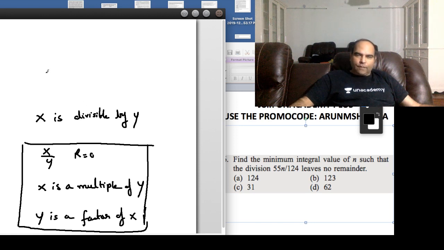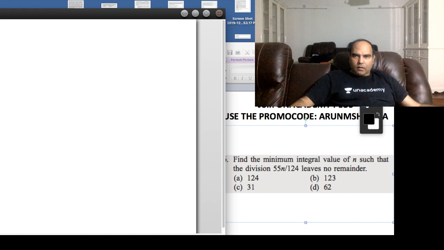There's a fourth reason why you can say x is divisible by y, and that is that if you write the prime factors of x and write the prime factors of y, the prime factors of x should completely be able to cancel out the prime factors of y. To give you an illustration, 192 is divisible by 24. And why is 192 divisible by 24?